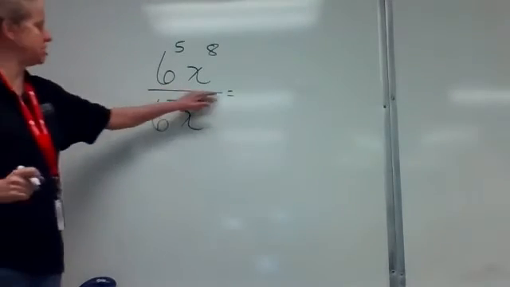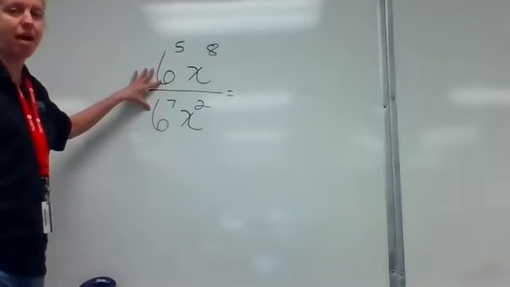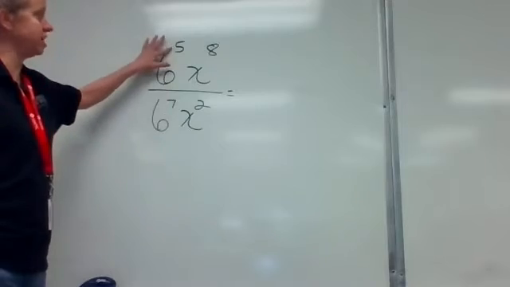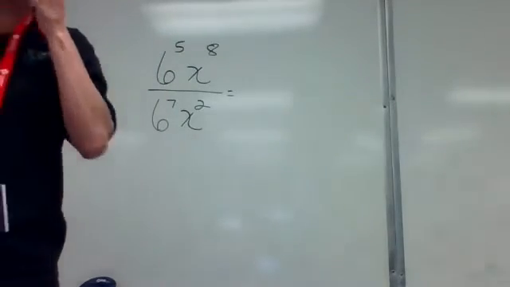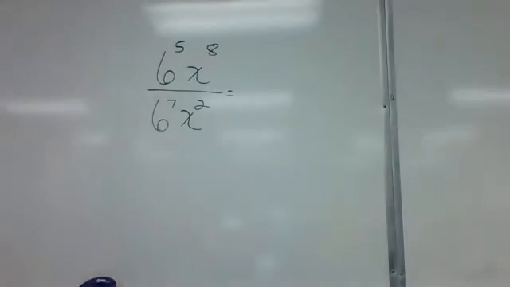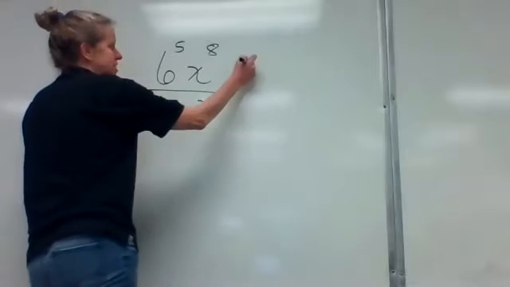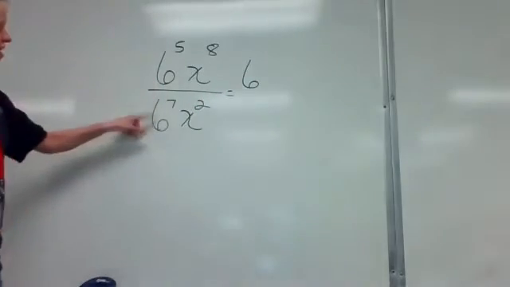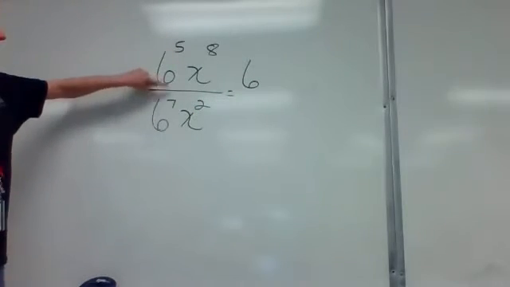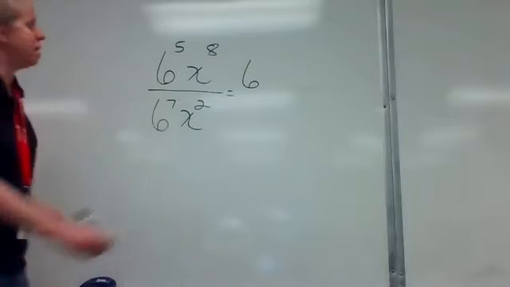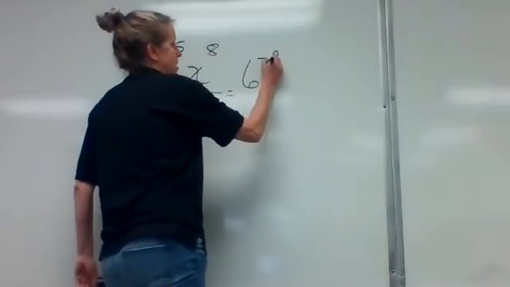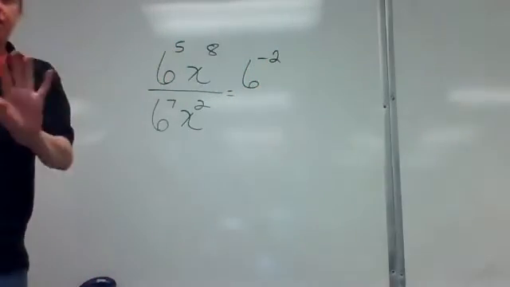That's what that fraction bar says. So if we are dividing the same bases, I'm going to subtract the top exponent minus the bottom exponent and see where that gets me. So on my 6's, if I subtract my top exponent minus my bottom exponent, I'll have 5 minus 7, which gives me negative 2. So we're going to have to fix that in a minute.